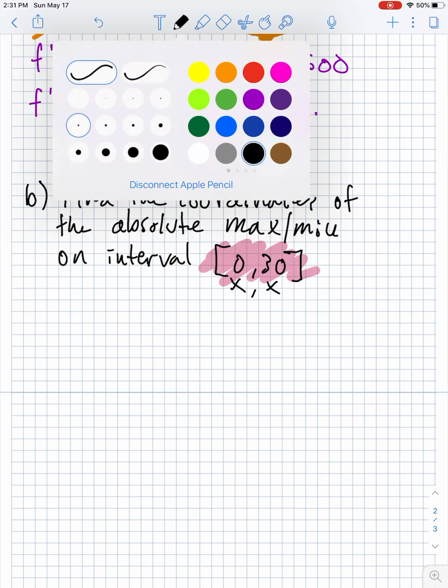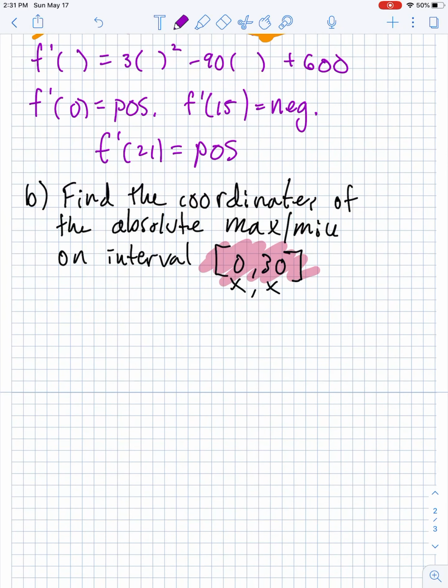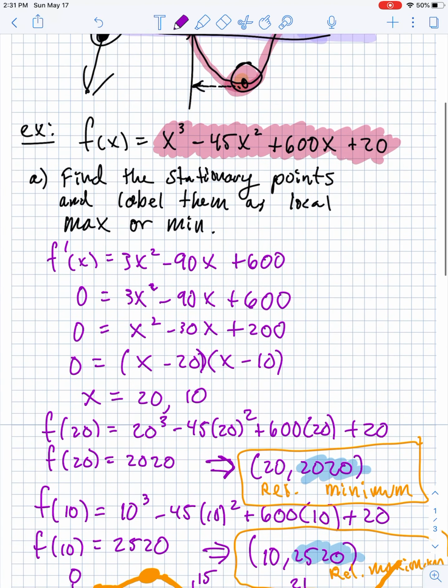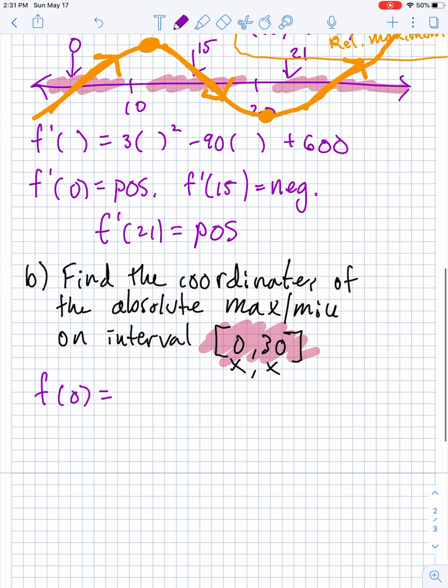So let's see. First, we need to plug in f of 0 into the OG equation, which is x cubed minus 45 x squared plus 600 x plus 20. So this will be 0 cubed minus 45 times 0 squared plus 600 times 0 plus 20. So that is 20.